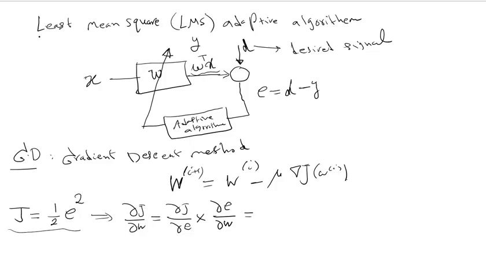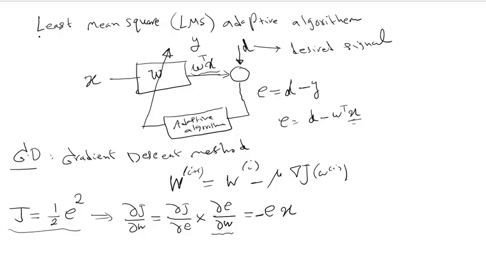It simply is E. And E equals D minus W transpose X, so the partial of E with respect to W is X, with a negative sign here. So we have minus E X.